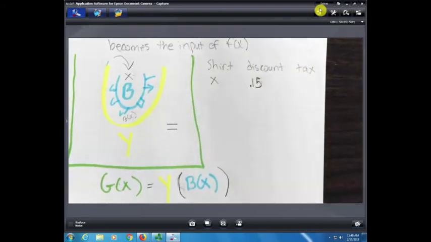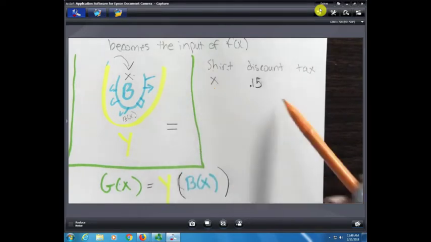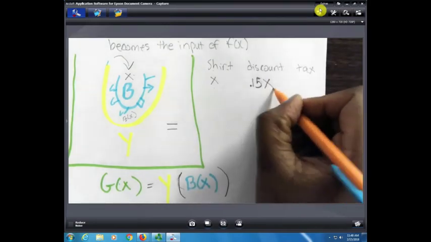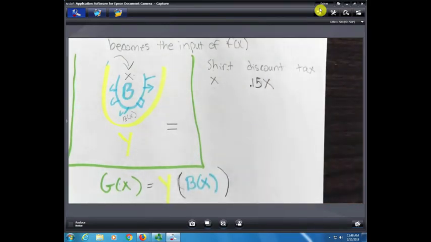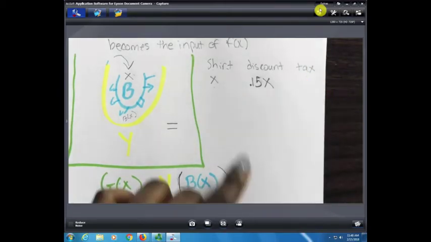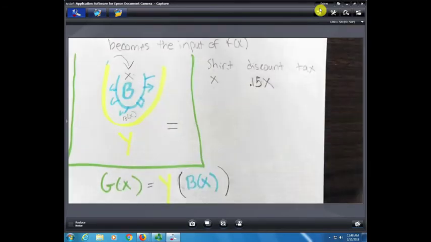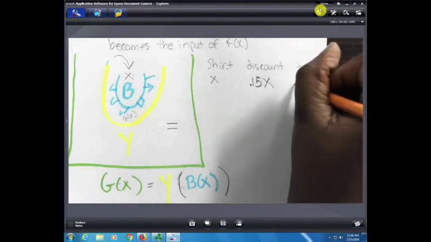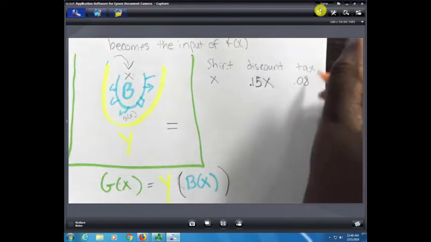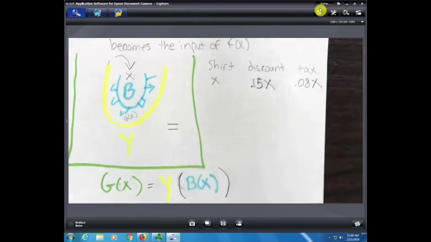Now my discount, like I just can't go in and take 15 cents off something, right? Unless it's $1. My discount is usually depending on how much it costs. So technically, that is a function. And then my tax is depending on this one. And let's say the tax is 8% for whatever reason, 8% of whatever the shirt cost.